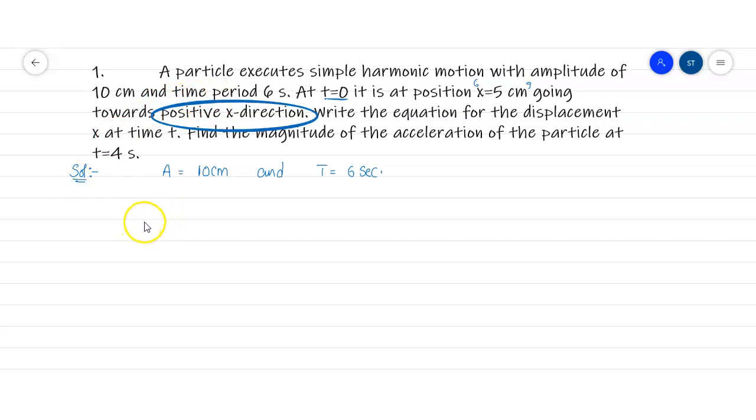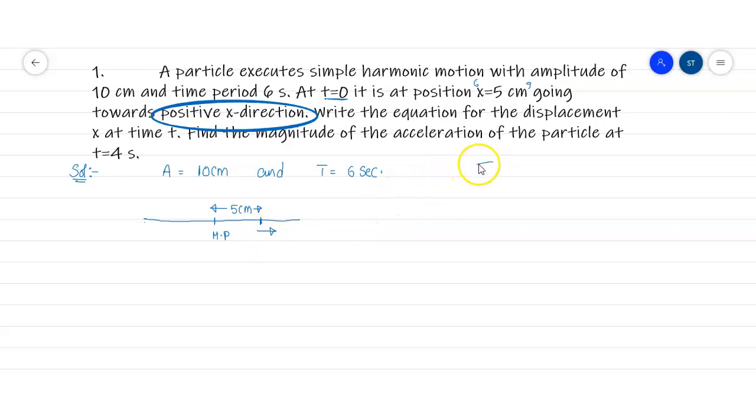So if we represent a normal SHM, let us assume this is our mean position, generally which is origin. Particle is somewhere here, which is at a distance of 5 centimeters from the mean position, and it is moving towards positive x direction.